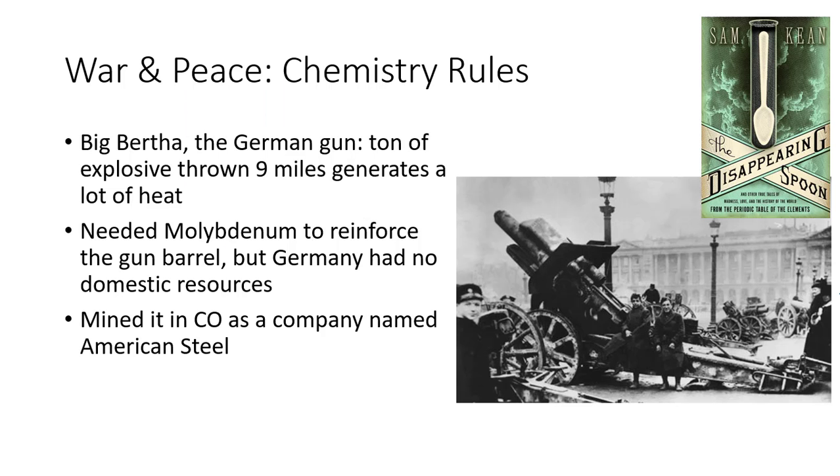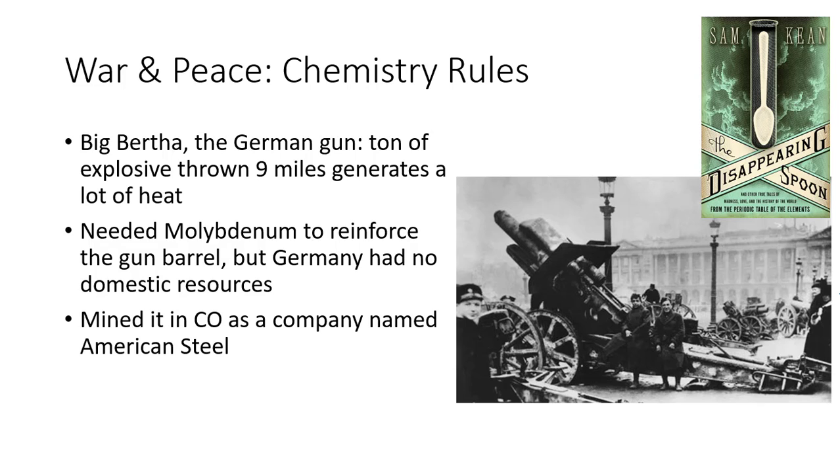Big Bertha was a German gun, and basically it could throw so many explosives a very, very long distance, which would have been really devastating to our troops. But the problem was they needed molybdenum to reinforce the gun barrel, because if you simply have steel, iron and carbon, it can get really, really hot if you're going to use that gun over and over again in a rapid fire scenario.